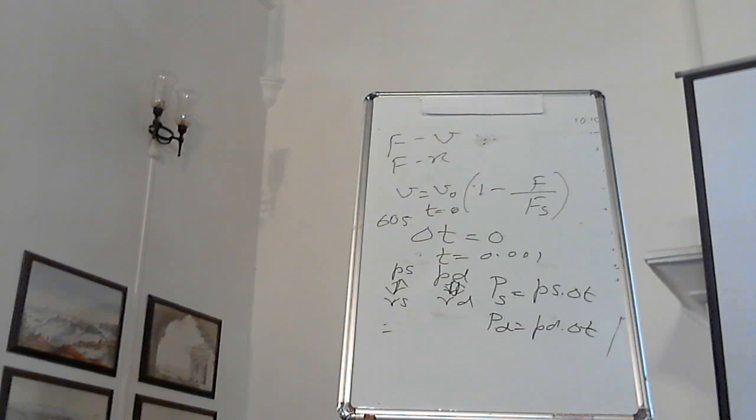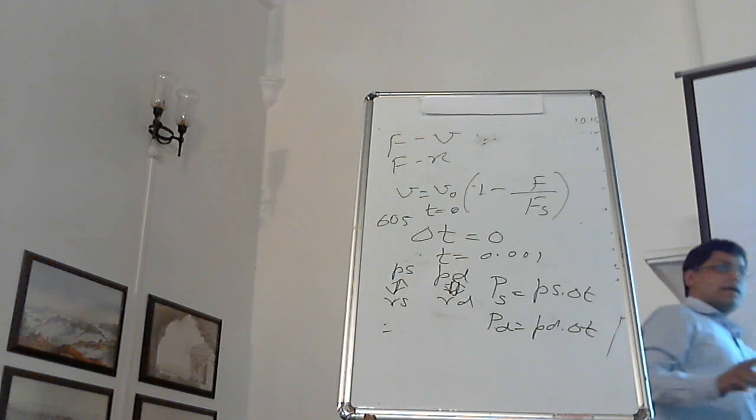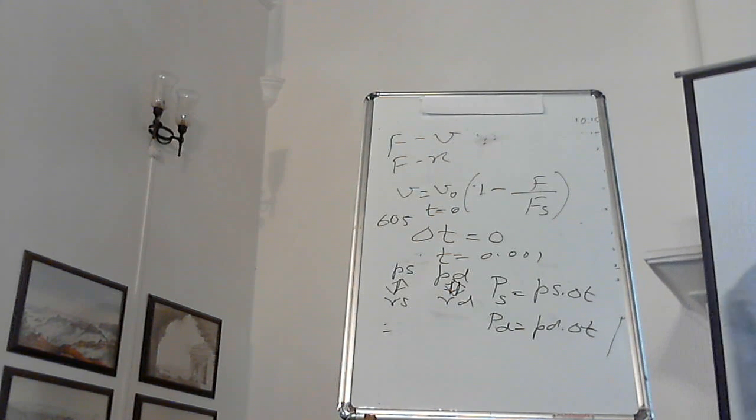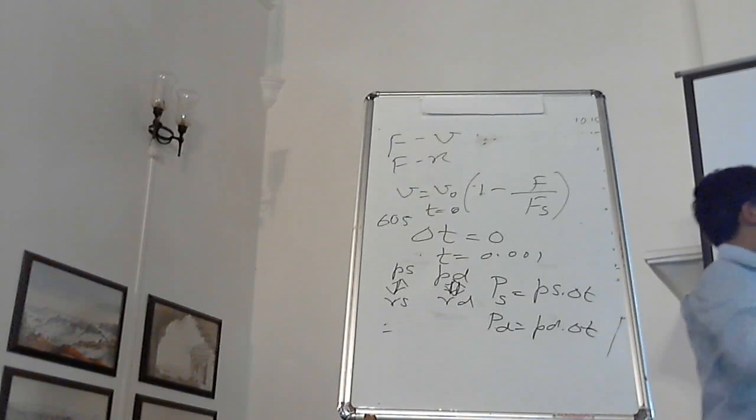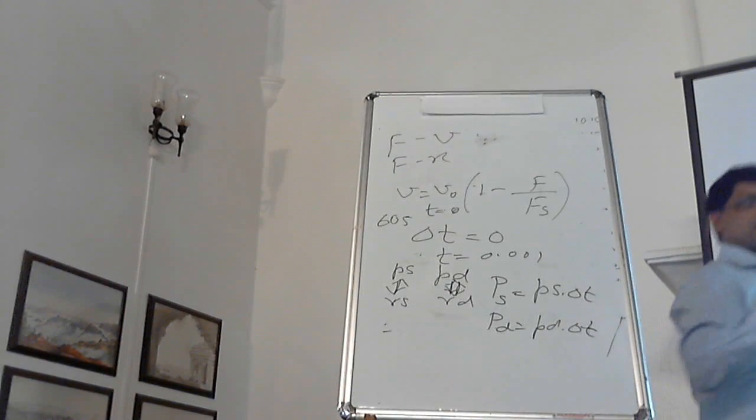Okay, so I will generate a random number, and if that random number is less than PS, then my motor will step, and if that random number is greater than PS, then my motor will detach. So that's the difference.